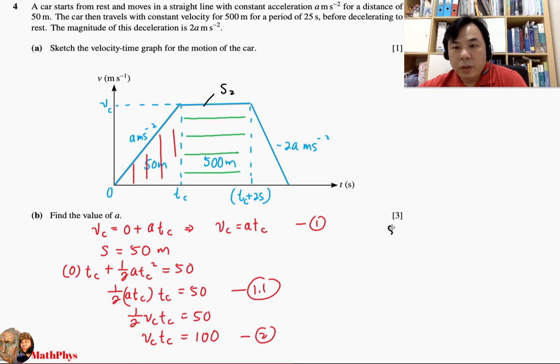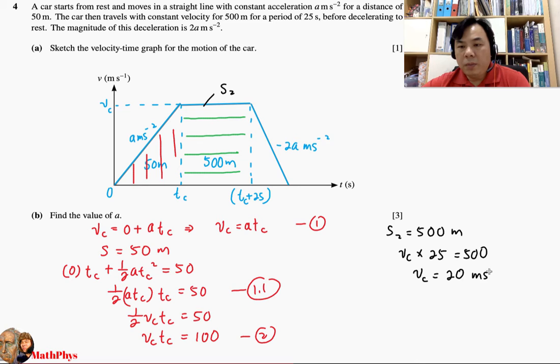So S2 is given by 500 meters. And then S2 can be calculated quite easily because area under the curve, which is actually VC multiplied by 25 seconds, should be equal to 500. And then you can get this quite easily.